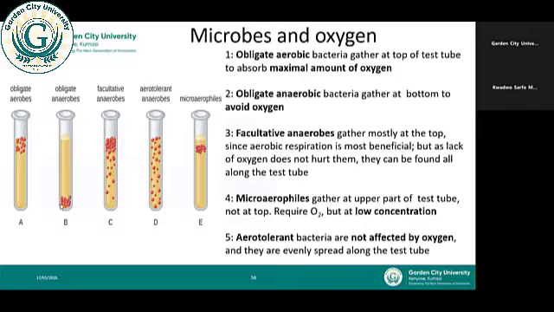Then we have the facultative anaerobes. Facultative, they can switch. So look at those ones where they are mostly at the top.